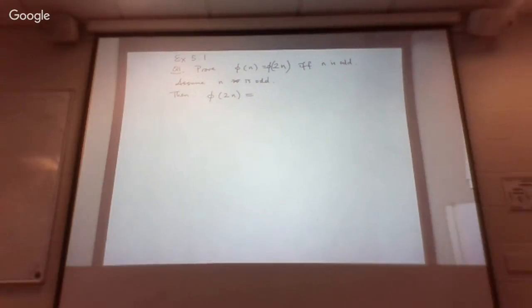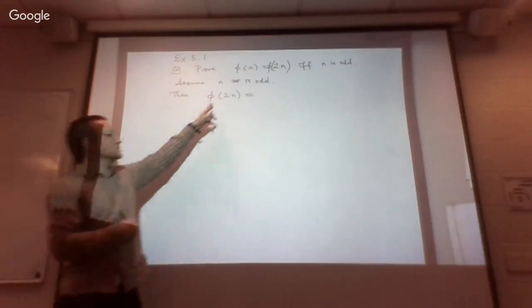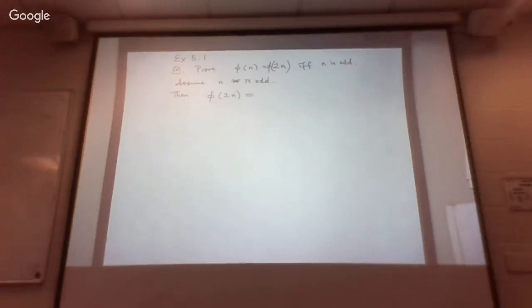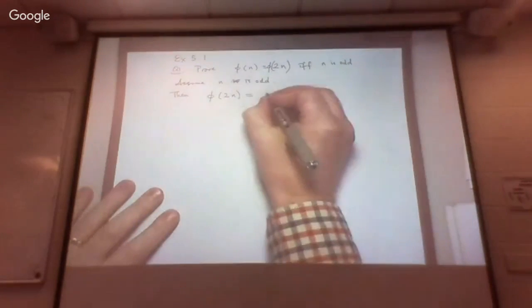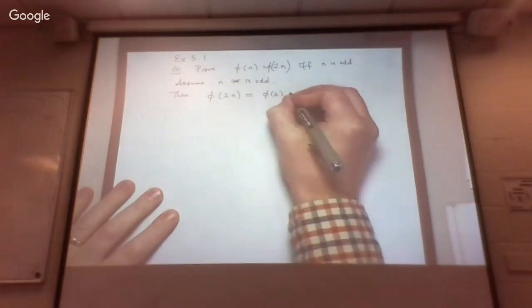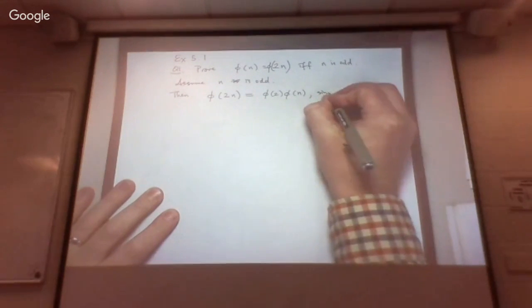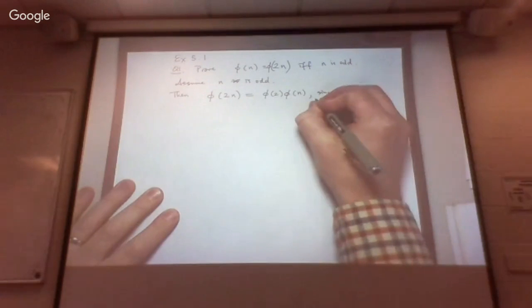If n is odd, it means 2 does not divide n. So these are co-prime factors. So that means you can break apart the phi using the multiplicative property. So this tells us that this is phi of 2 multiplied by phi of n, since phi is multiplicative.